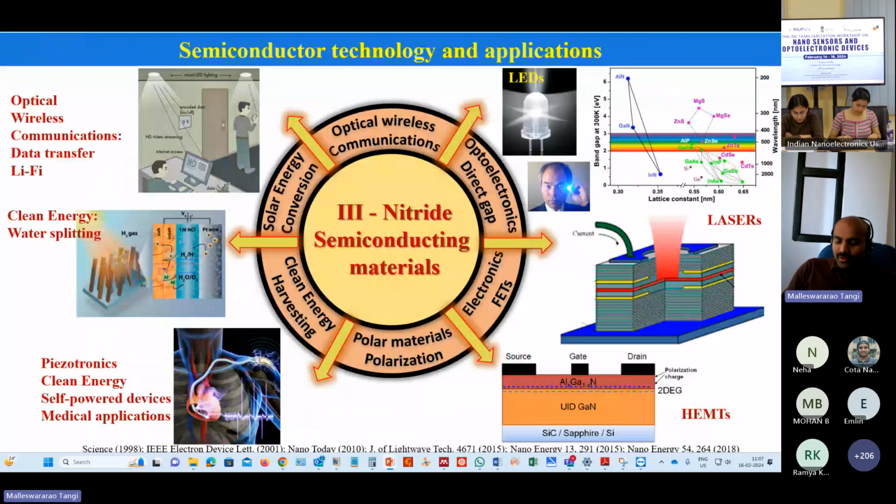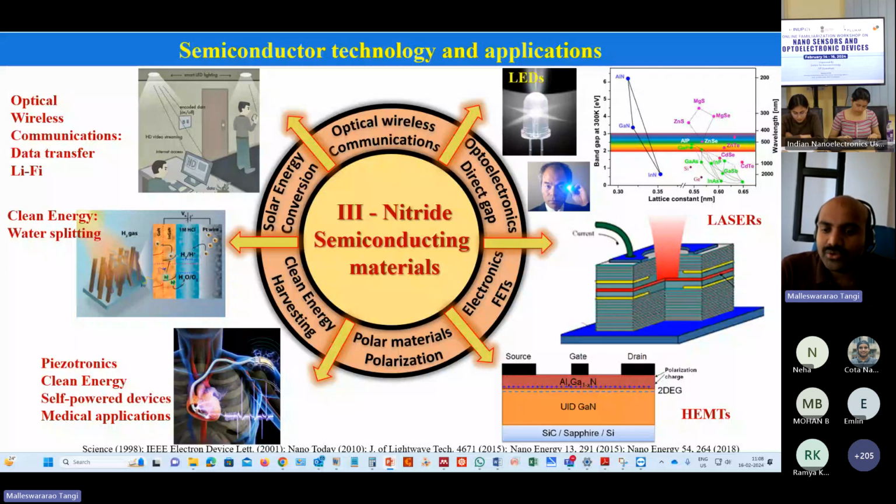As we know, we have advanced from the Stone Age to the electronic age. The electronic age is mainly because of advancement in semiconductor technology. As you can see here, group 3 nitride semiconducting materials in particular can be utilized as light emitters such as LEDs and lasers.